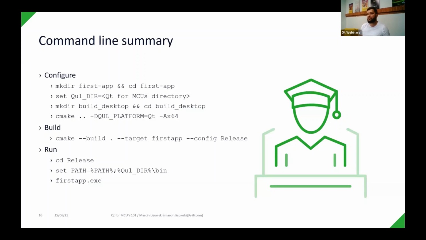You are setting the environment variables, and the most important one, the QULDIR. You are generating the targets for your Qt for MCUs application by using CMake, and you are building it with the default CMake style, or you can use a generator for it, like we used Ninja for the board.